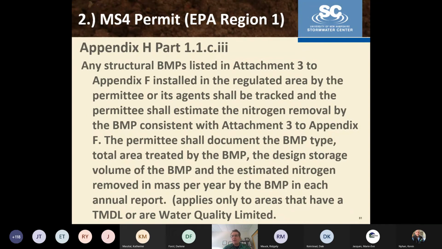So the difference is AOT advances kind of a limit of technology. They pick the best performers and say, do this. And what EPA does is it says if you're doing installation in these areas, then you need to basically demonstrate by this accounting metric meeting anti-degradation. So it's only in select areas that apply, that have a TMDL or are water quality limited.